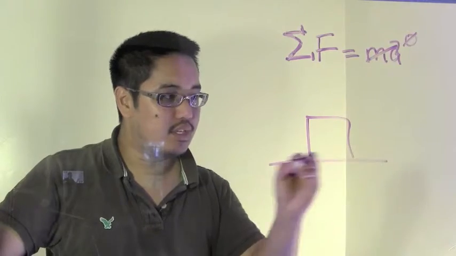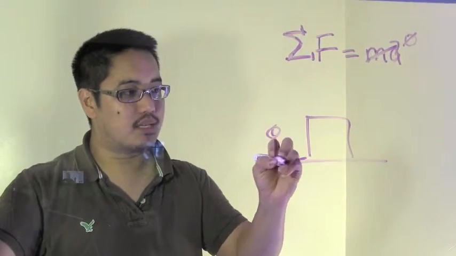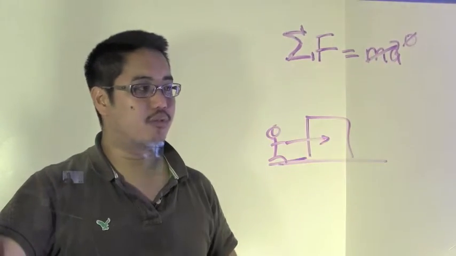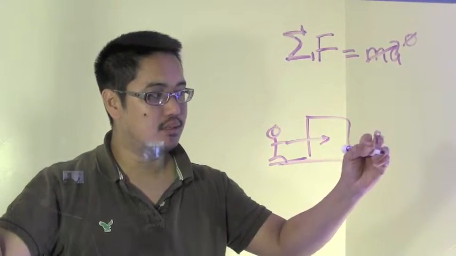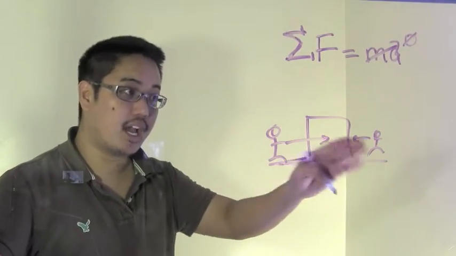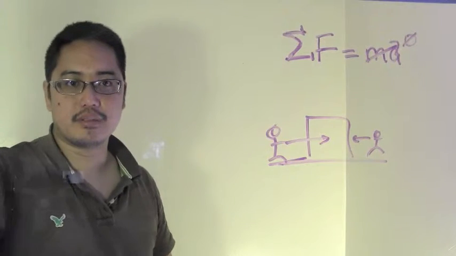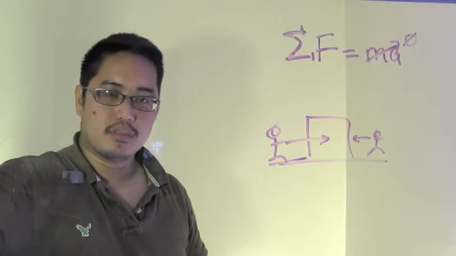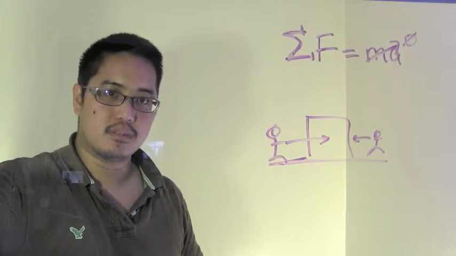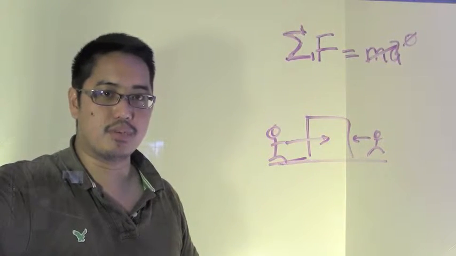If you look at this equation and I have a box, and I'm pushing this box with some big force and you're pushing this box with some little force, if we add up all of our forces, well, first of all, who's going to win? The bigger force. I hate to say it, but I've got a lot bigger force than you can probably push.